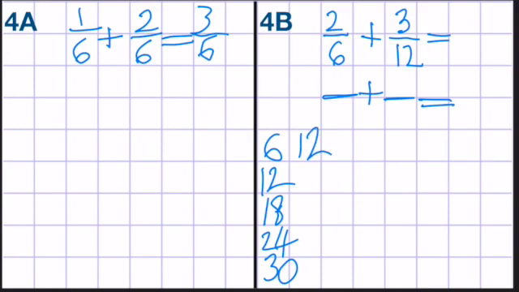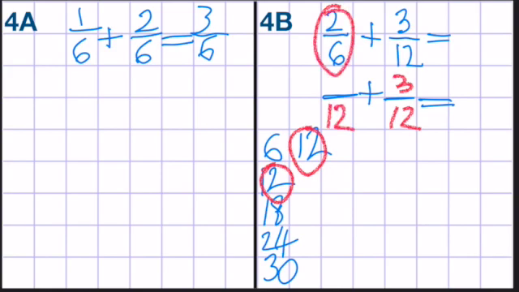I don't need to write out the rest of my 12 times table because 12 and 12. This is because 12 is a multiple of 6. So for this example, I can keep 3/12 the same. I only need to change this fraction. So the new denominator here is 12.